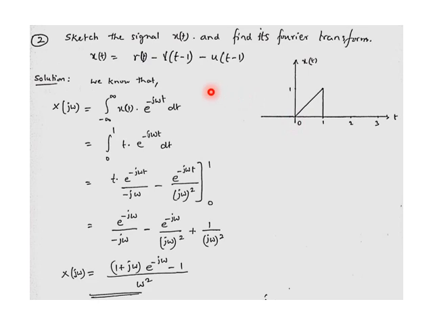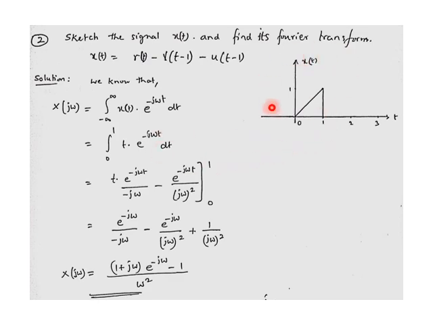So after r of t minus r of t minus 1, I am getting the waveform like this. So minus u of t minus 1, the unit step, is like this. From this graph I subtract this, which means I will remain with only this portion. So that's how I got the graph for x of t is equal to t over the time interval 0 to 1. That is the observation, or the equation, for x of t equal to t for the time interval 0 to 1.